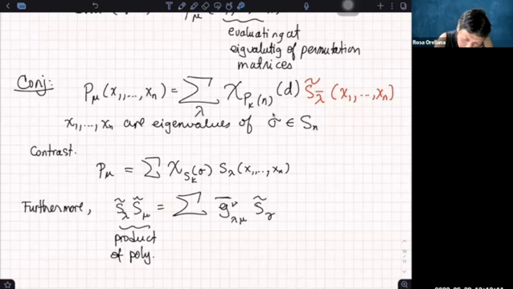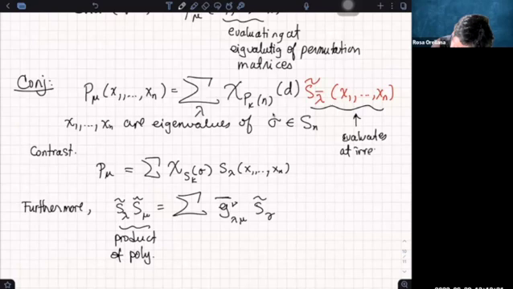So this right here should be evaluating at irreducibles of the symmetric group Sn. So I wanted something that did this and satisfied this.